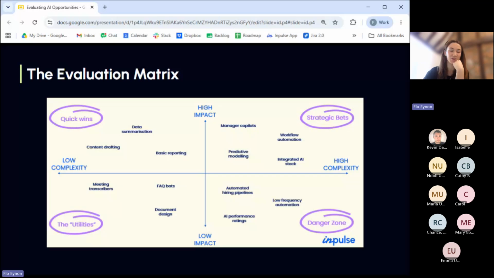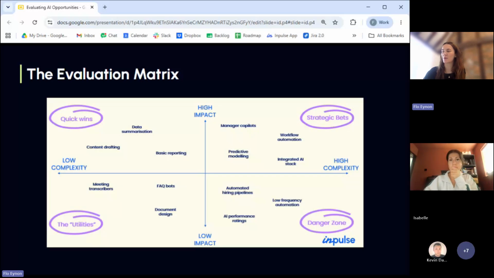And then I won't go too far into the bottom right quadrant because it's low impact, it's low value. These are things that look really shiny as new features, but actually they don't help anyone. No one's going to use it. It's too difficult to implement. And the examples we've got here are things like low frequency automation.